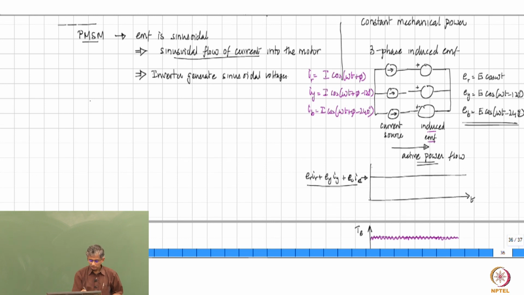So, if you take for example this particular leg. Let's take one leg of the inverter and you consider the voltage at this point with respect to this potential.